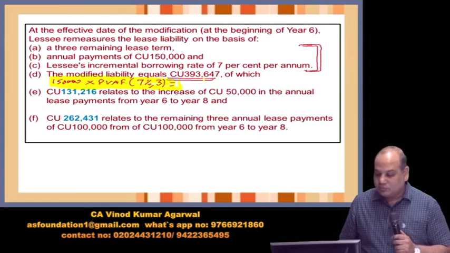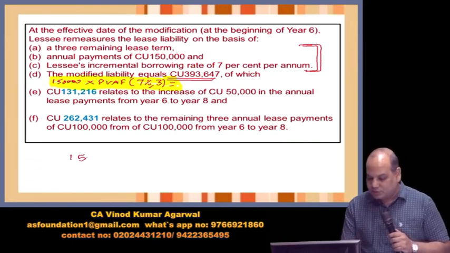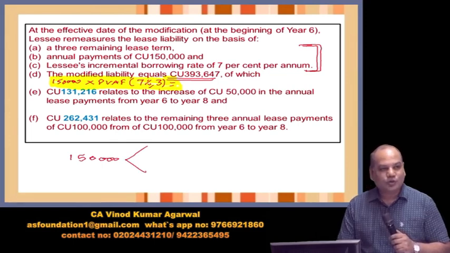393,647. But in this problem, the scope of the lease has increased also and decreased also. So we'll have to give the effect of decrease in the scope also. So for that purpose, this 1,50,000 that we are going to pay, on the screen, pay attention, we will divide this calculation into two parts.